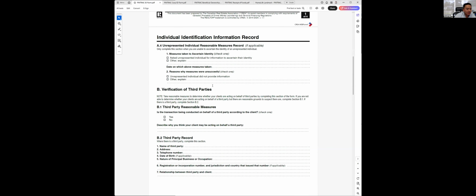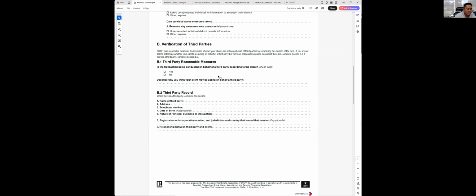And then anytime a third party is involved, you have to verify the identity of the third party. So when would that come up? If there's a named buyer on an APS, but really, maybe their parent is helping them or a friend or somebody else.